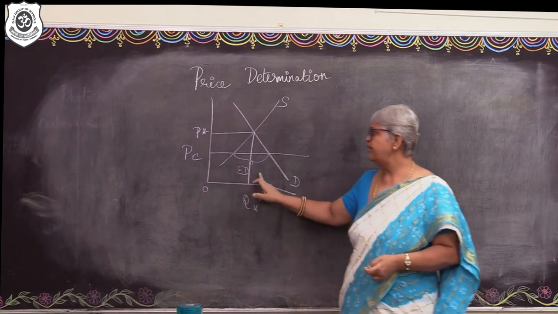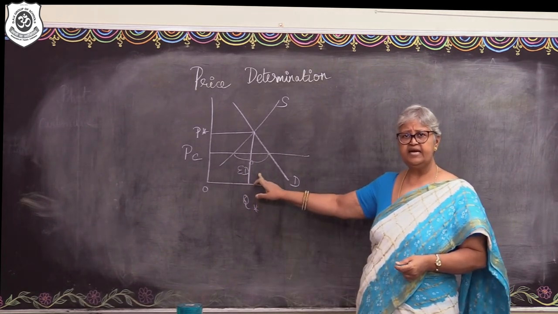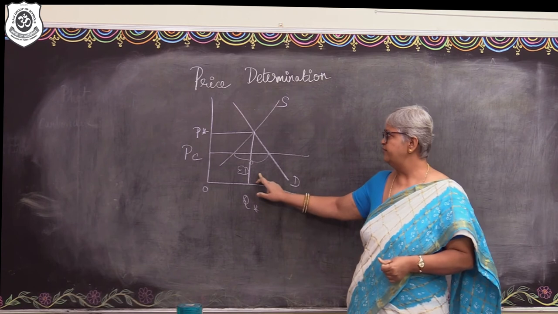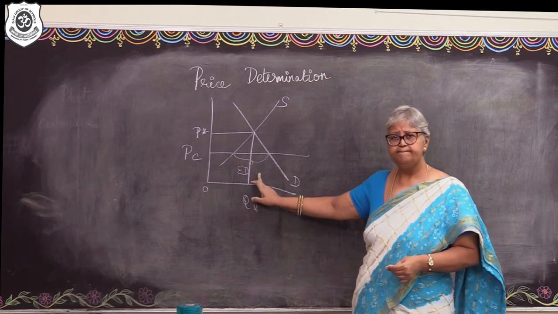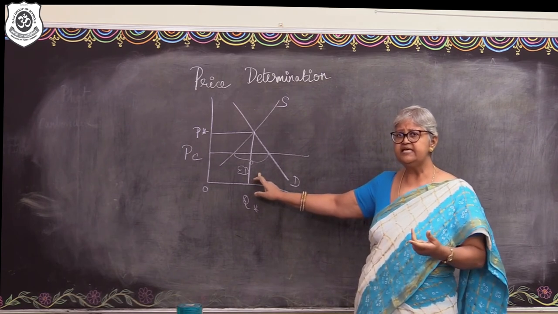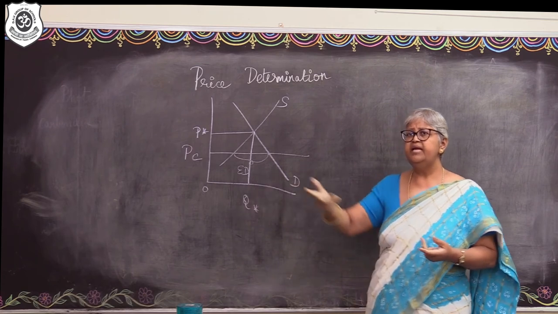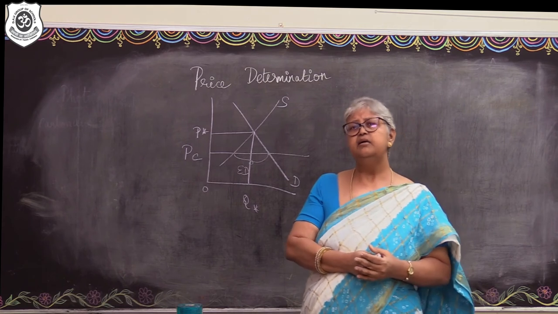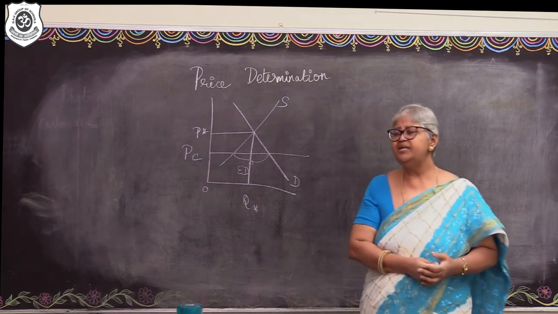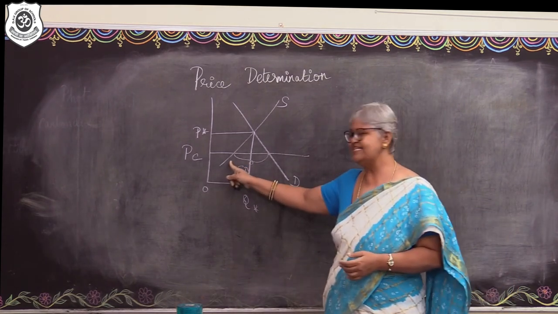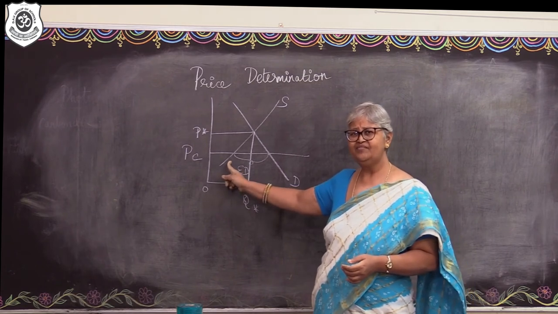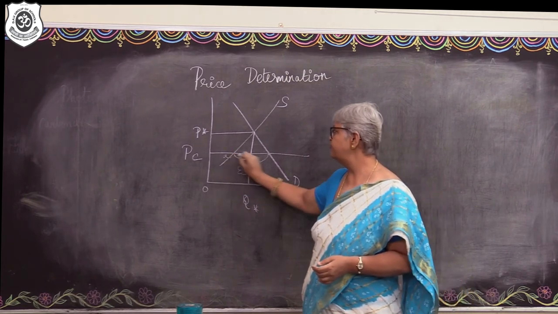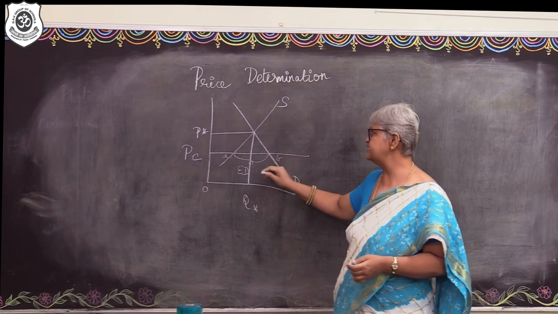So there is going to be an excess demand at this price, and thereby, what will be the result? Many people would love to buy the product. What will happen? The supply is relatively less, fine. To an extent of AB, there is an excess demand.